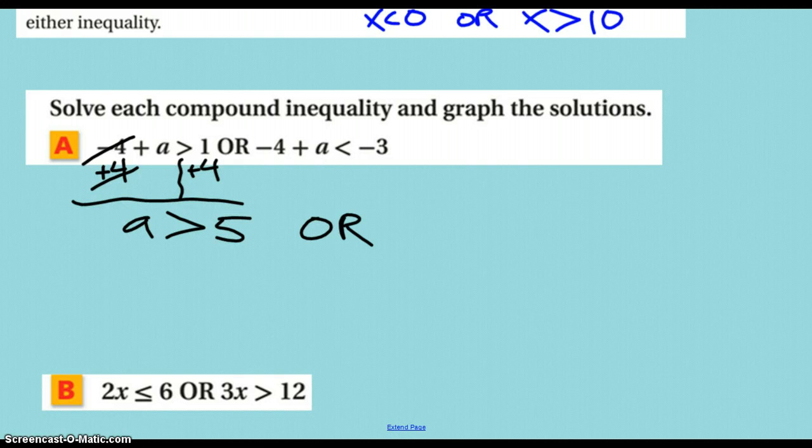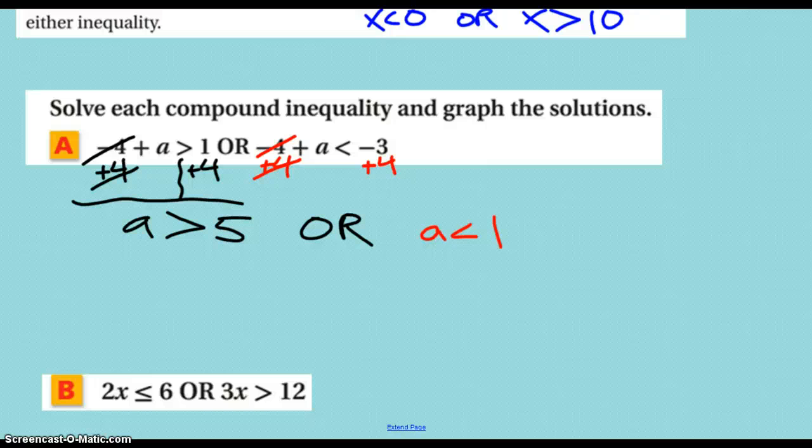We've got an or statement going on, and then we also have this equation on the right. I'm going to add 4 to both sides, and we have a is less than 1. So our overall statement would look like that. A is greater than 5 or a is less than 1.